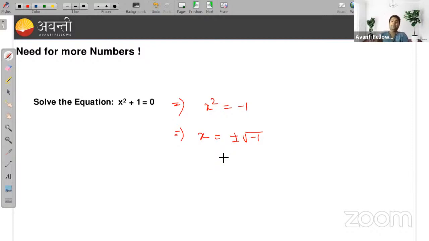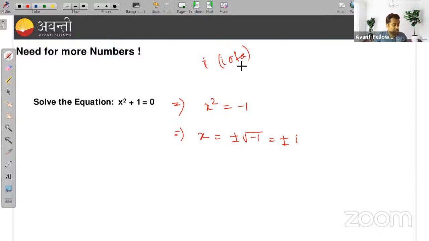So that's why mathematicians discovered an imaginary number, and that is called iota, or we can represent it by i also. So we can say here this is equal to plus or minus iota. This is an imaginary number, represented as i, and its name is actually iota.